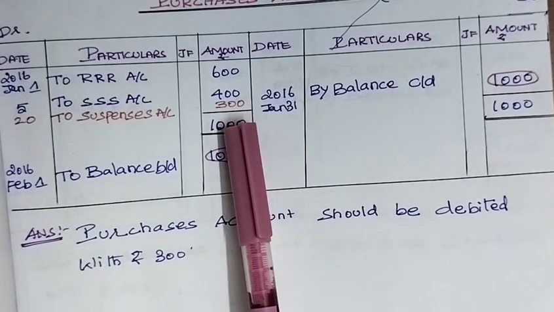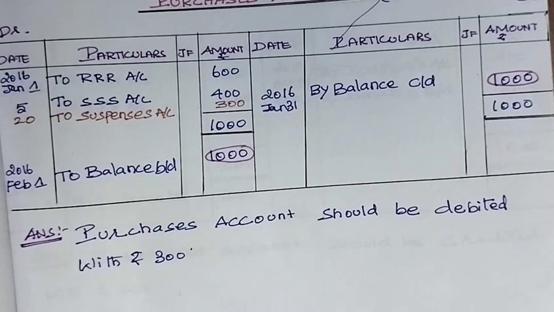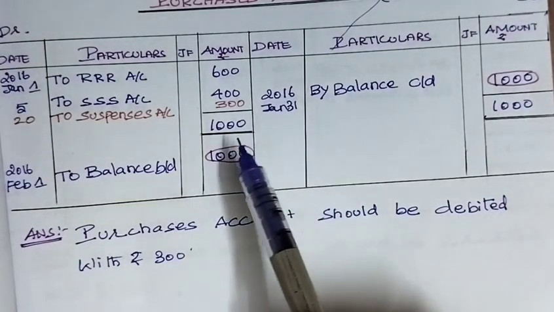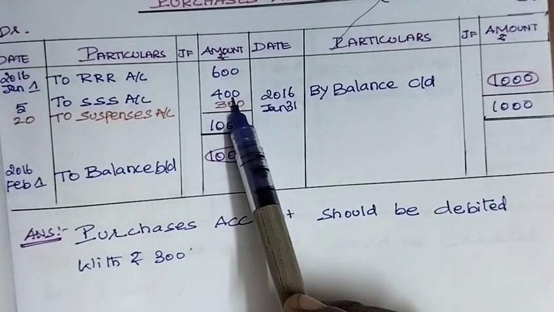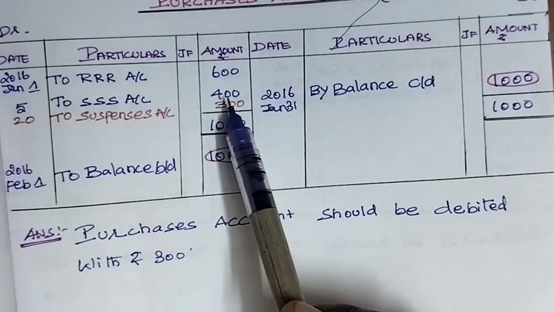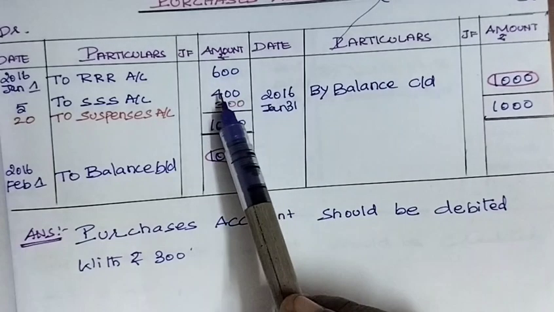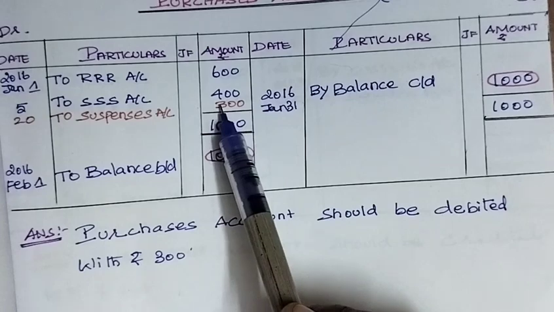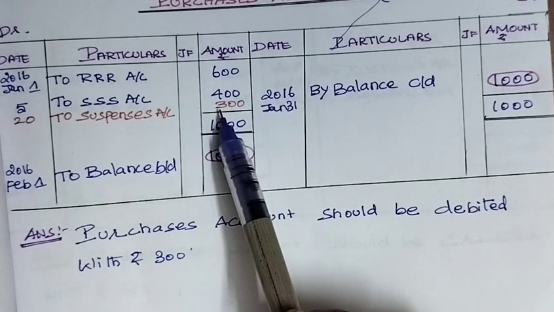Okay, listen here. Purchases book undercast by 300 rupees means 300 rupees shortage. So we need to add this 300 rupees on the debit side. 600 plus 400, 1000 rupees plus 300. We need to add this 300 because under cast, 300 rupees decreased.